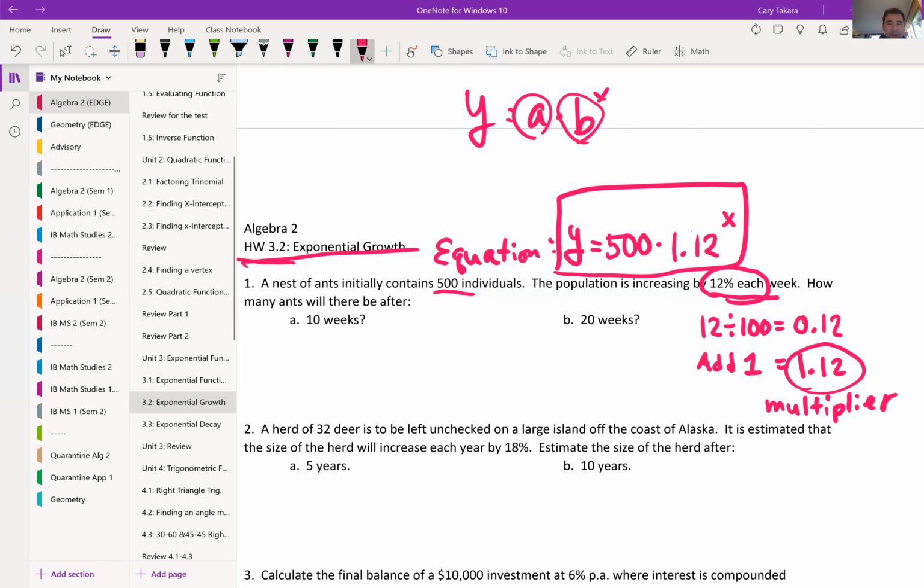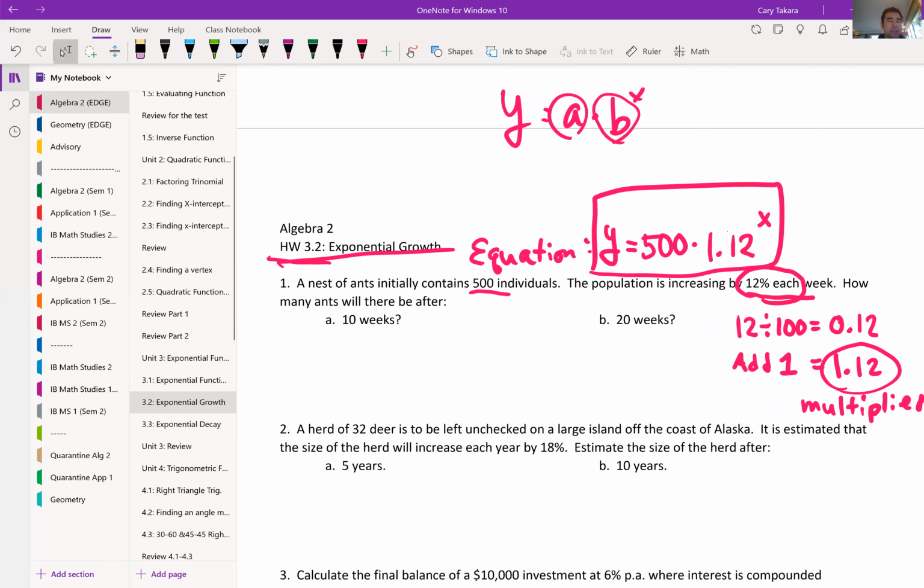Now we can figure out after 10 weeks, how many ants are we going to have? Let's figure out. So it will be y equals 500 times 1.12 to the 10th power, okay? Because we want to figure out 10 weeks later. And what do we get? Do you guys have a good working calculator to do the exponent?